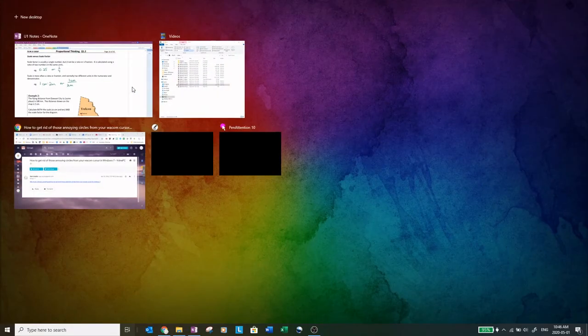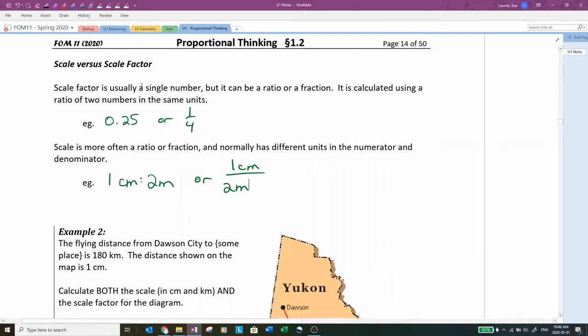And the formula is the same. Scale equals image over actual, or scale equals image to actual. Either way, the order matters, and it's image first and then actual.